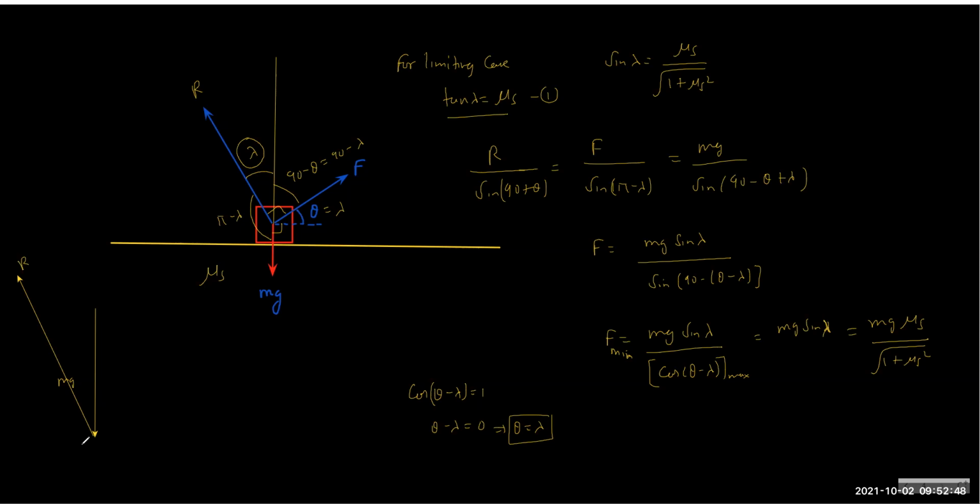This is the R vector. Maybe I can go the other way also. And now the question is how the F vector should be. So F is the resultant of these two, so F must be like this. So the F vector turns out to be something like this.